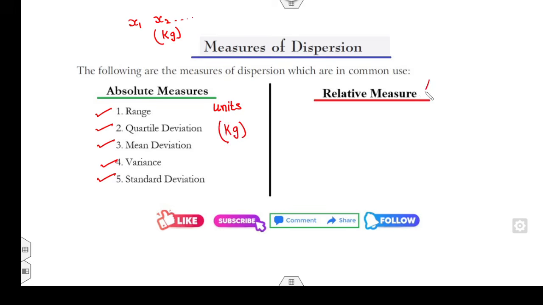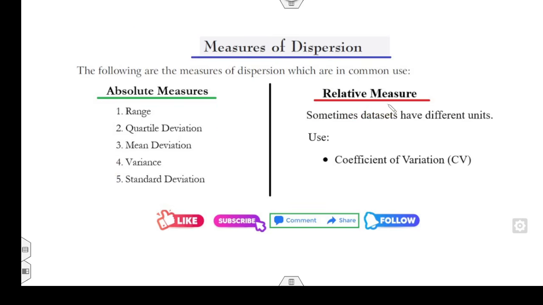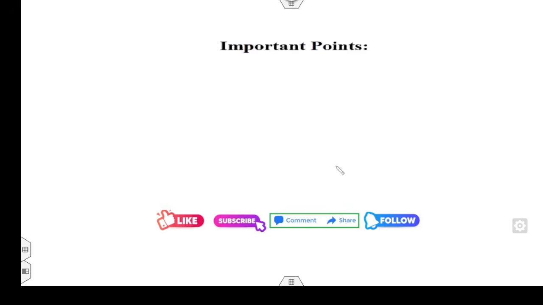But what is the meaning of relative? Whenever you want to make a measure unitless, we can always use the relative measures. For that case, we can use the coefficient of variation. And the coefficient of variation is one of the most important topics.